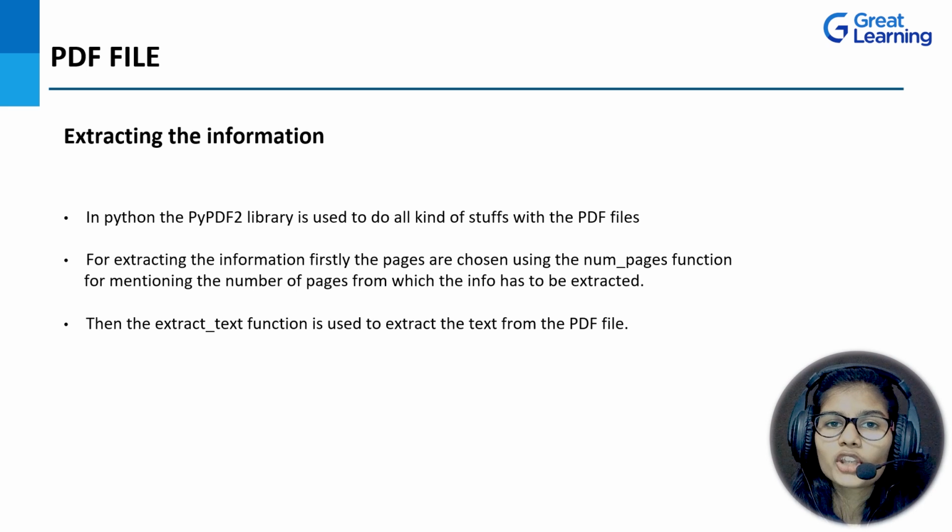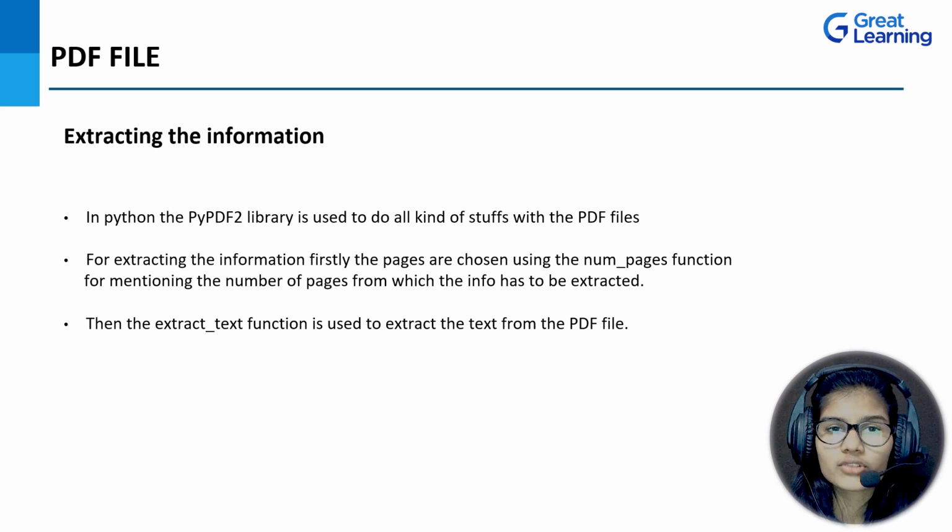So firstly, the importing of the library, that's the PyPDF2 library, takes place. After that you have the function num_pages, which helps you choose the relevant page from which you want to extract the information.